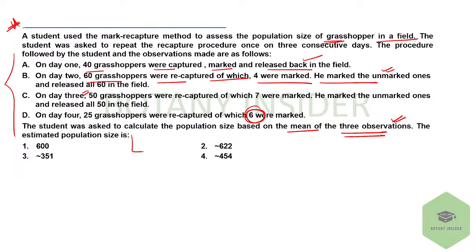The estimated population size would be how much? You should recall that the estimated population size is calculated as S1, that is sample size 1, multiplied by sample size 2, divided by the number of individuals that were marked in sample size 2. That's the formula that we have to apply. Sample size 1 multiplied by sample size 2, divided by the number of individuals in the second sample that were marked.